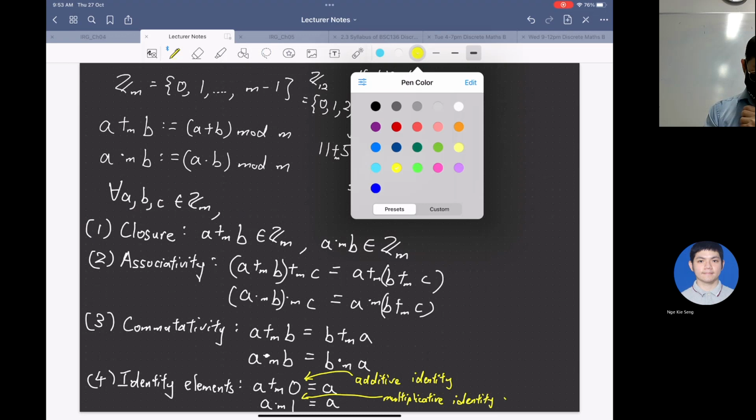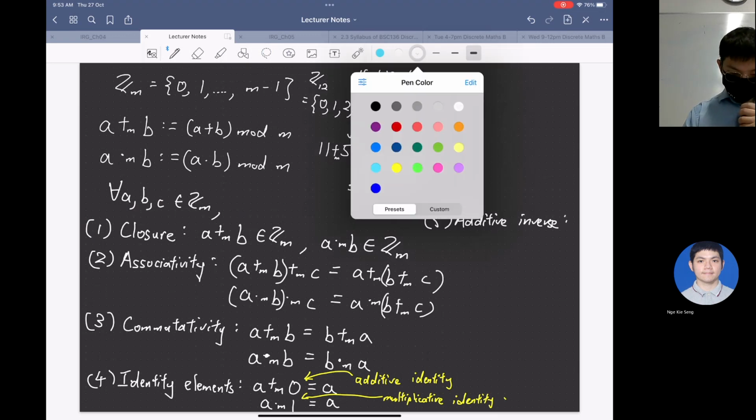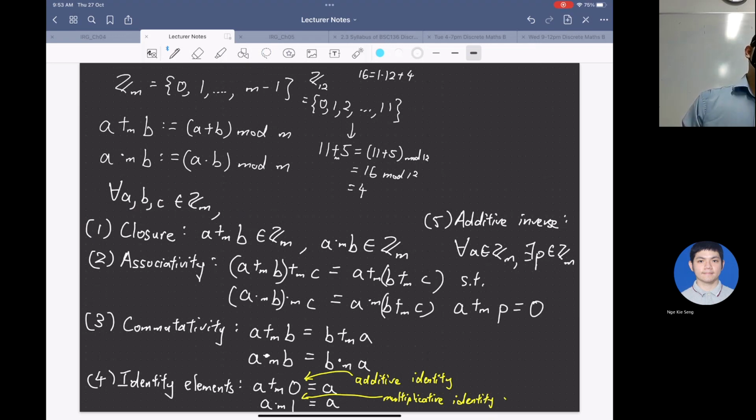And then, let's talk about this and then we'll stop here. So there is the additive inverse. Additive inverse means for every A in Zm, I can find a number called P, P in Zm, such that when I add A to it, I get 0.